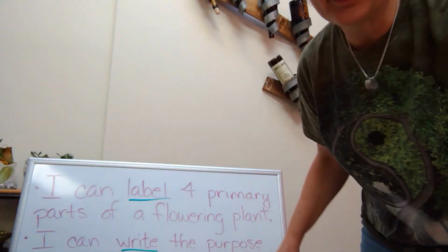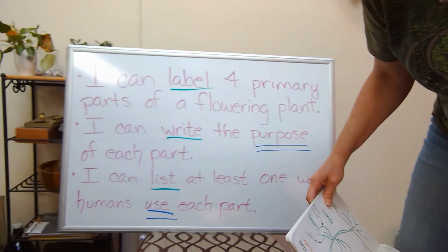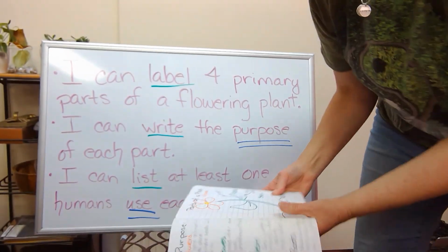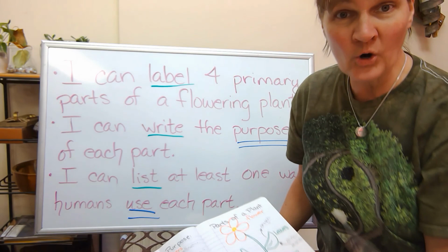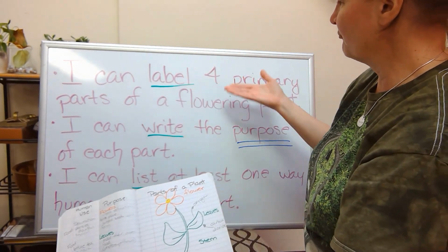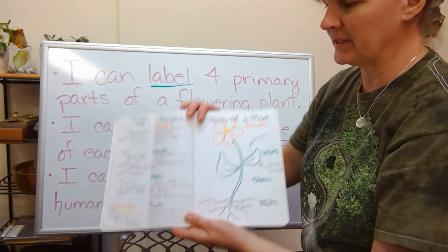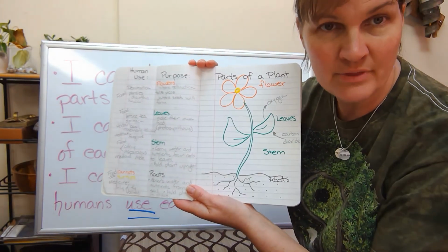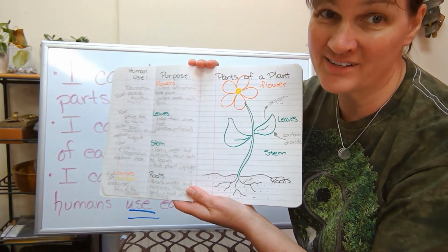Okay, so we're going to take a look at our I can statements again. I have to move though to get closer to it. Okay, so our I can statement. I'm hoping you did do this. So I can label 4 primary parts of a flowering plant. Did we do that? I believe we did.